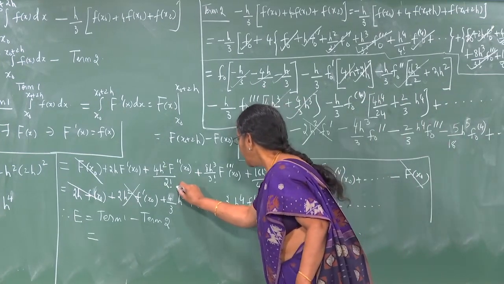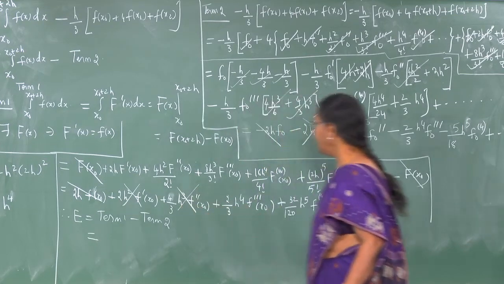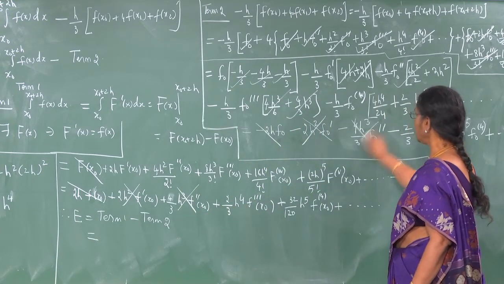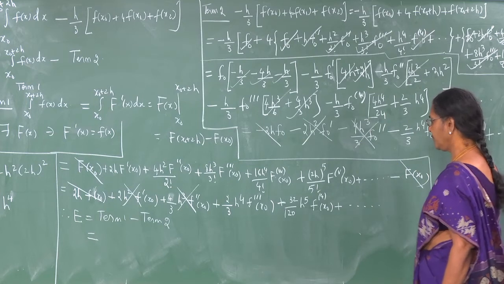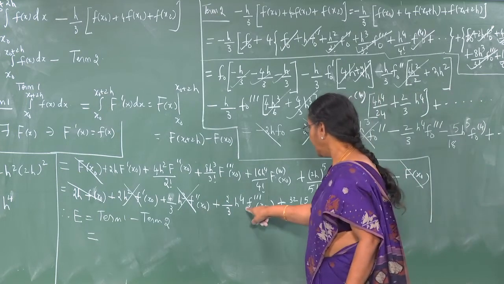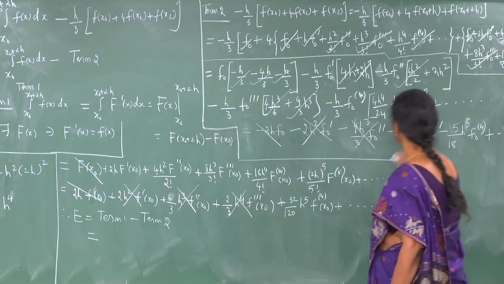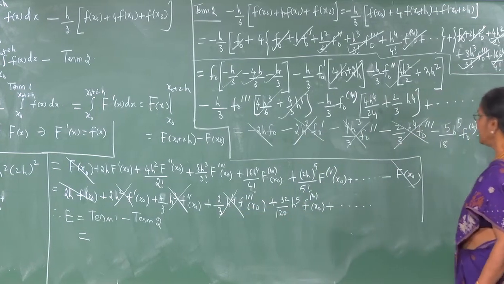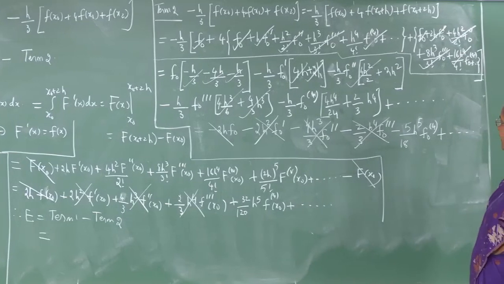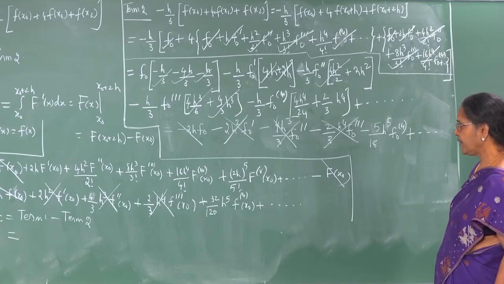F naught double dashed is 4 by 3 h cubed minus 4 by 3 h cubed. And then the third derivative at x naught has coefficient 2 by 3 h power 4 here, and in term 2 it is minus 2 by 3 h power 4.